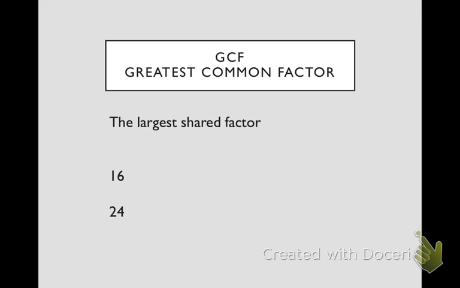So, for example, 16. If I list all the factors of 16, well, that's all the values that go into 16 evenly with no remainder. So that would be 1 times 16, 2 times 8 gives me 16, 3 doesn't go into it, but 4 does. It would be 4 times 4. So there's my entire list of factors of 16.